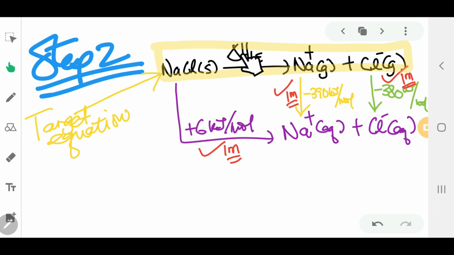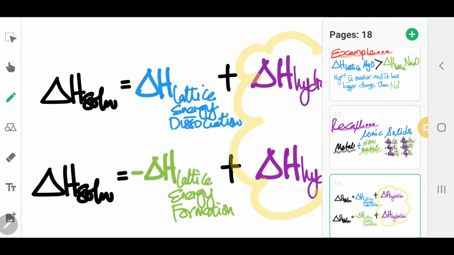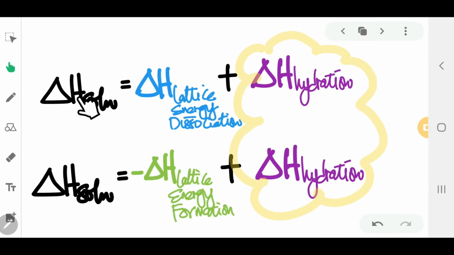So how do you find delta H LE? How do you find this? Remember the formula. Remember just now when we talk about the formula for dissolution process, we have two. We have delta H solution equals to the enthalpy change in lattice energy dissociation plus delta H hydration, or you can use the negative delta H lattice energy formation plus delta H hydration.